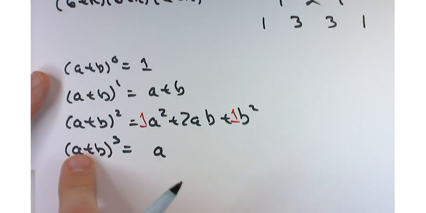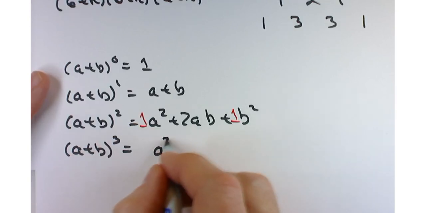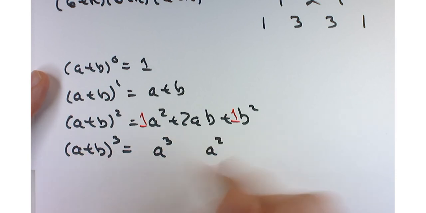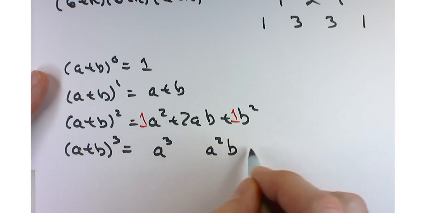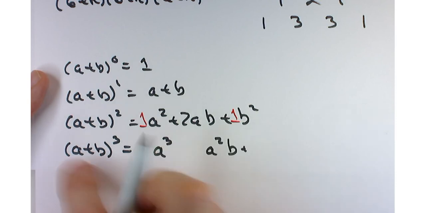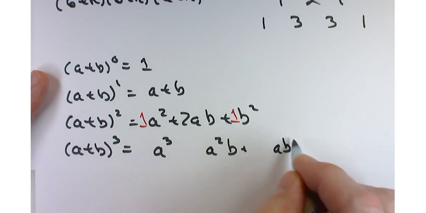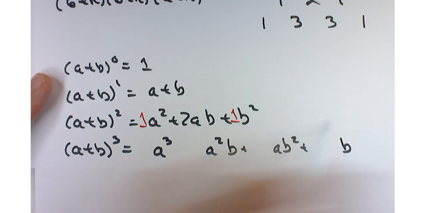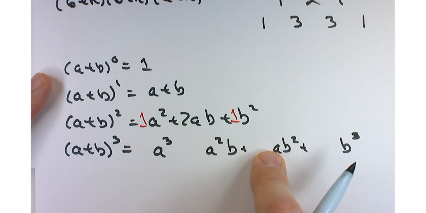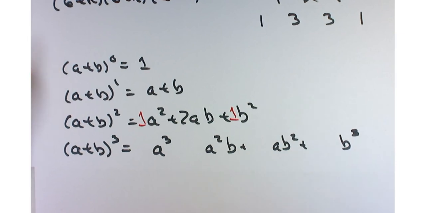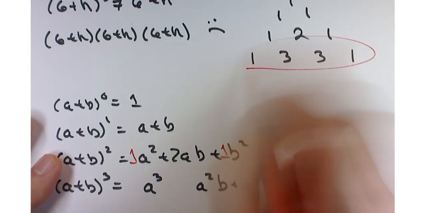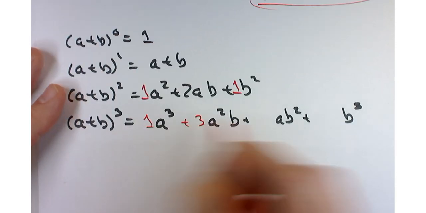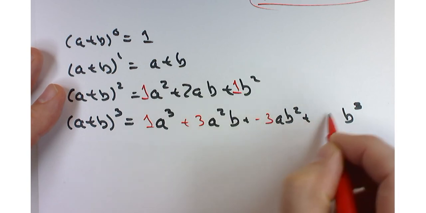You're going to start out with a³, and then decrease the power of a to a²b, and then decrease the power of a again and increase the power of b, and finally increase the power of b one more time. a⁰ we don't need to write, but the coefficients are these numbers from Pascal's triangle: 1, 3, 3, and 1.